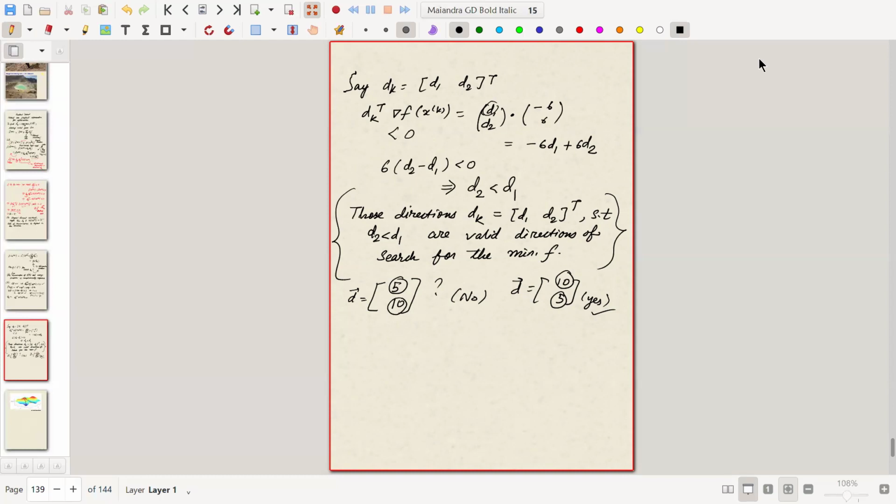So here in this slide, we talked about the importance of direction.